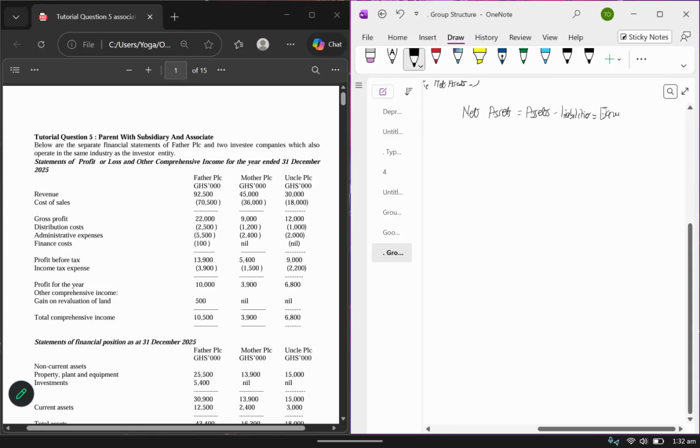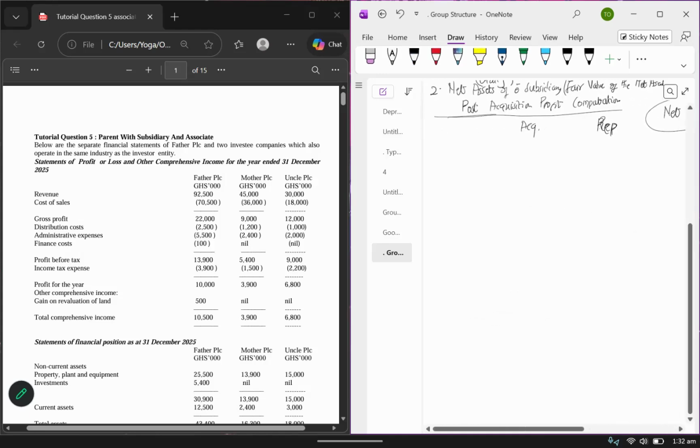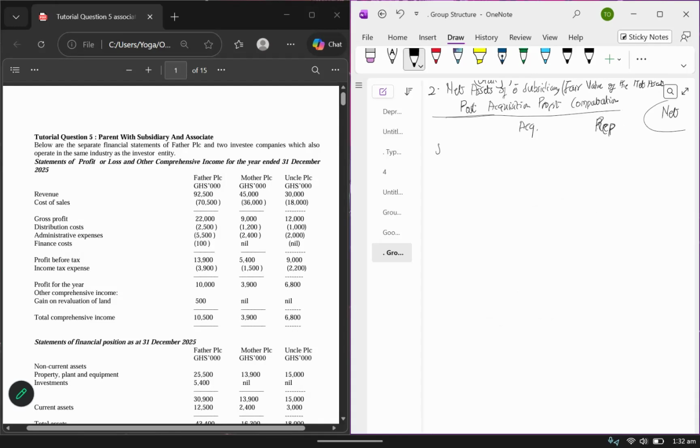The equity. So net assets indirectly is equivalent to the equity. That's why under the net assets, normally we bring what? Stated capital first, and then the retained earnings.